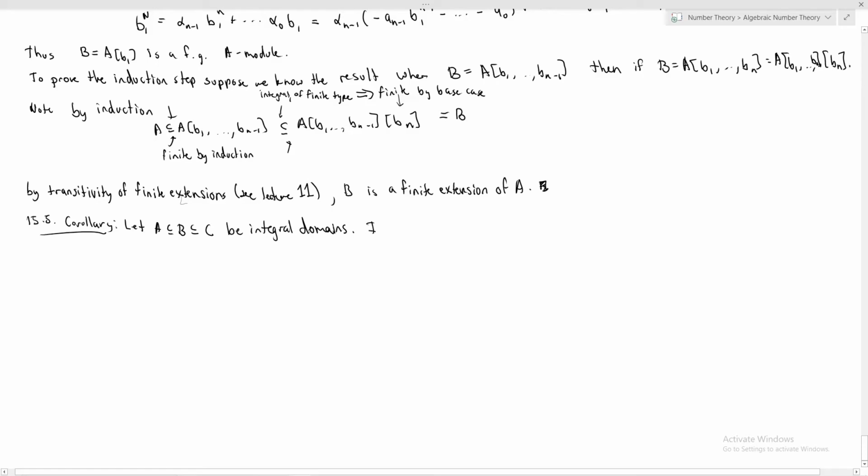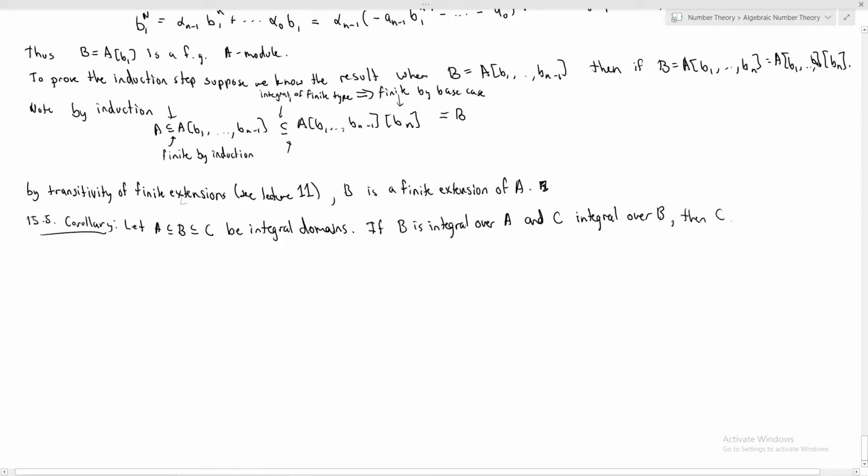If B is integral over A, and C is integral over B, what can I say?